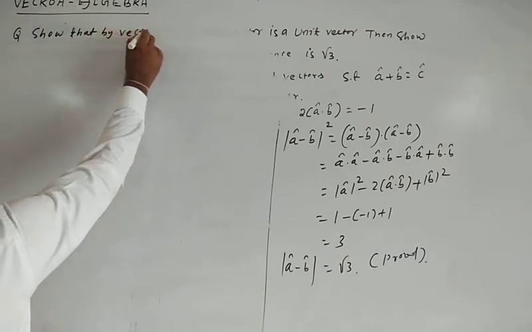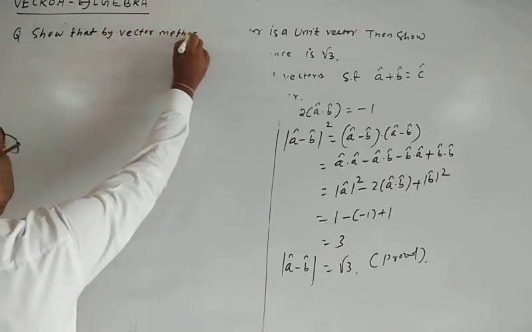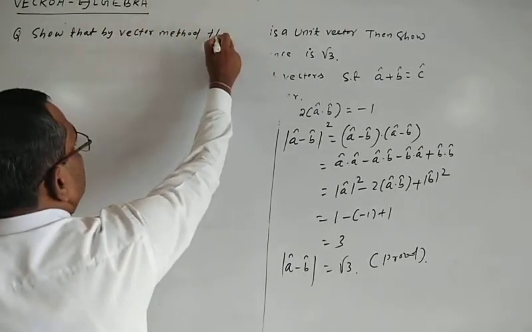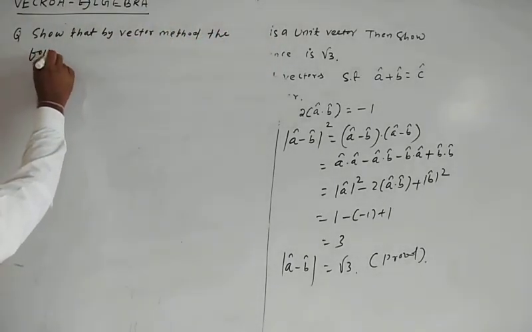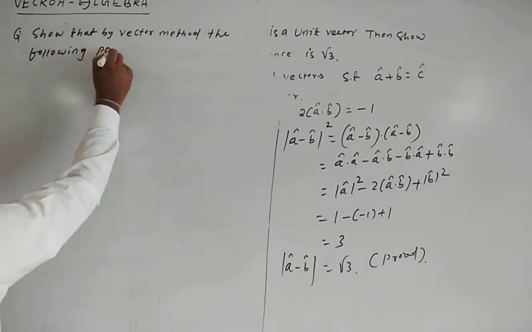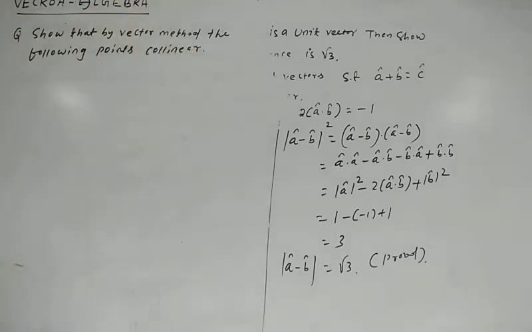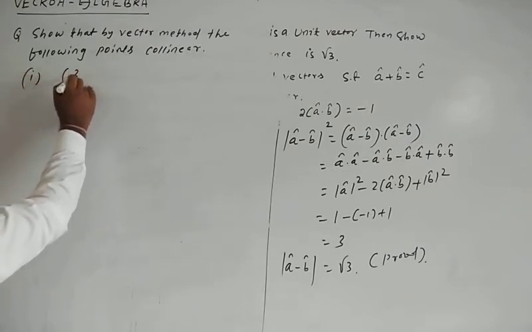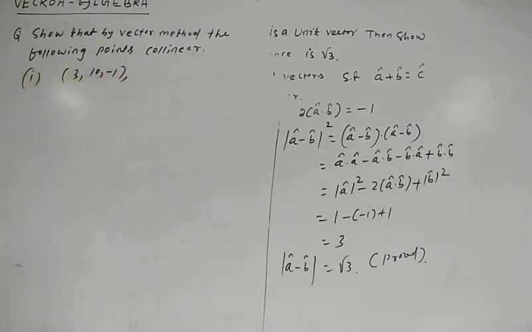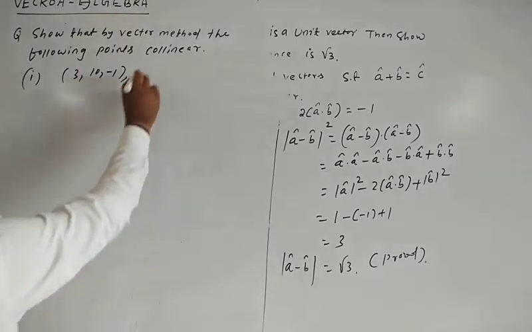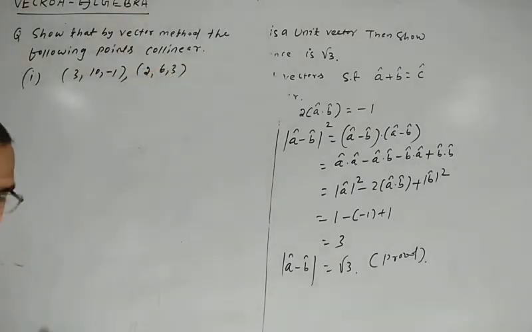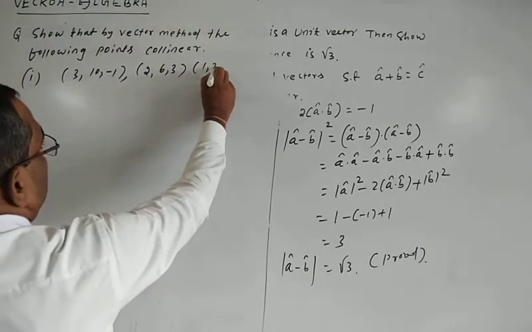You know collinear vectors. The points are 3, 10, minus 1; 2, 6, 3; and 1, 2, 7.